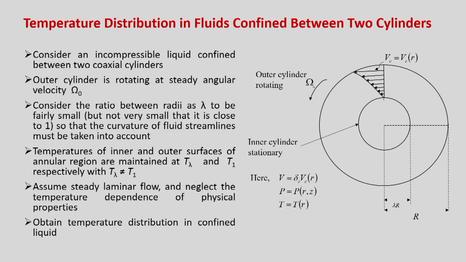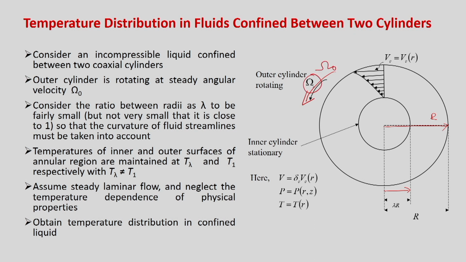This is the inner cylinder whose radius is lambda R, and this is the outer cylinder whose radius is capital R. So, the ratio of the inner cylinder radius to the outer cylinder radius is lambda, and lambda is not close to 1 like in the previous problem, the gap is sufficiently large. Now the outer cylinder is rotating with some angular velocity omega naught.